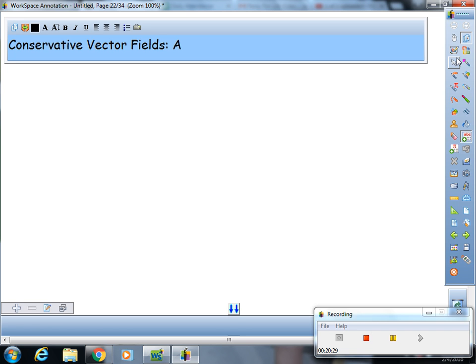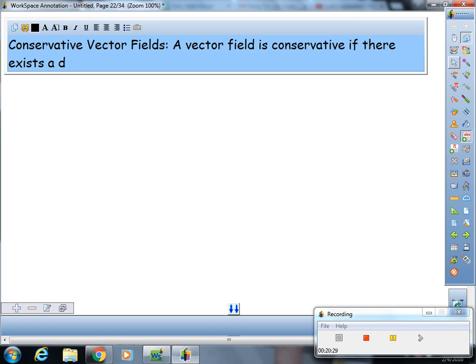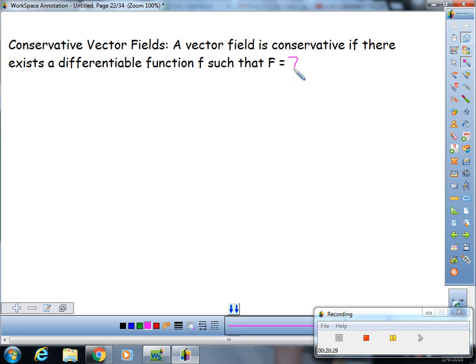Okay, a vector field is said to be conservative if there exists a differentiable function f such that F equals del of f.